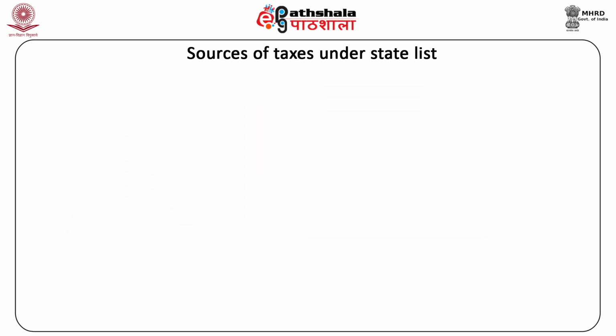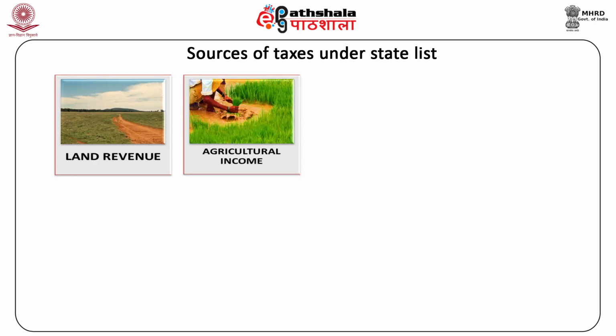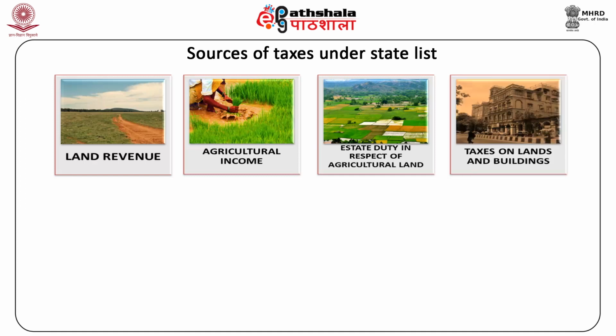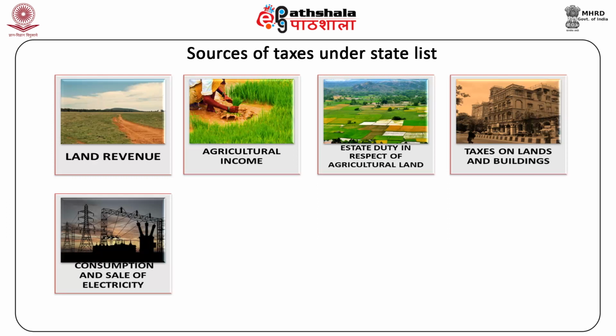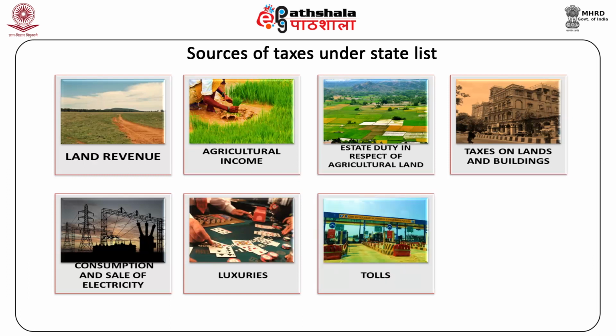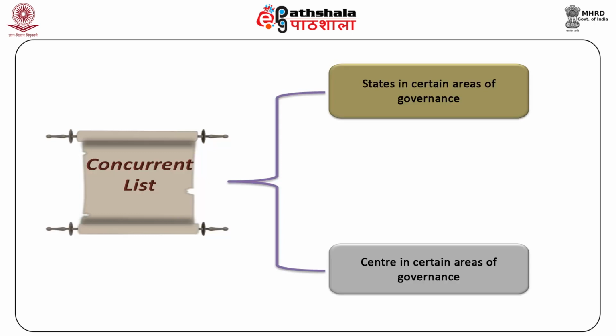Sources of tax revenue for the state government are land revenue, taxes on agricultural income, estate duty in respect of agricultural land, taxes on lands and buildings, taxes on consumption and sale of electricity, taxes on luxuries, including entertainment, betting and gambling, tolls, taxes on vehicles, etc. The concurrent list consists of concurrent powers of states and the center in certain areas of governance. No major source of tax revenue is included in this list.